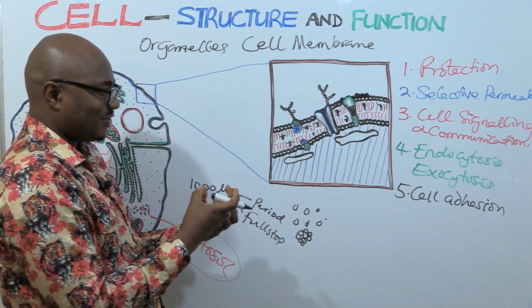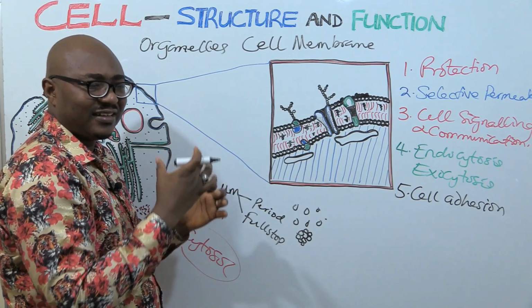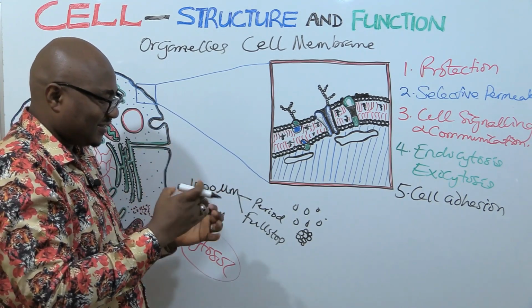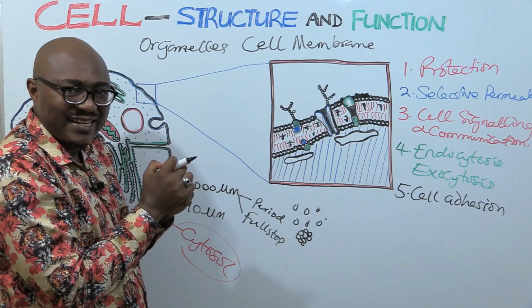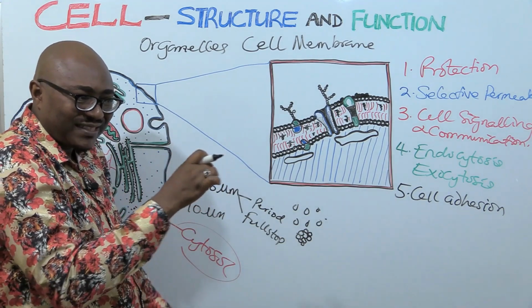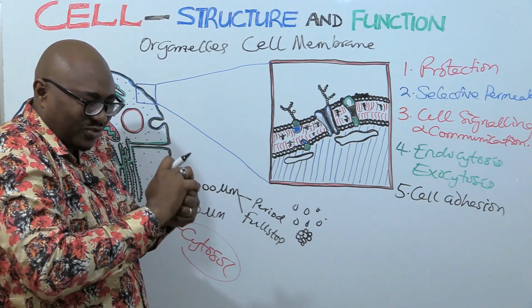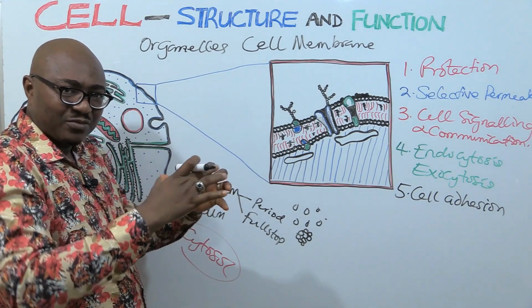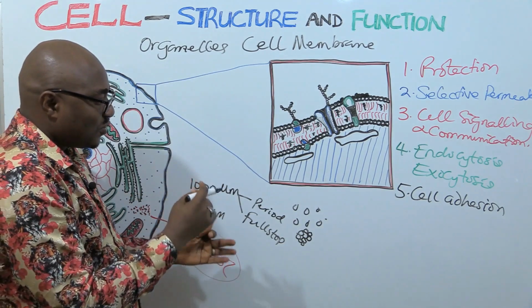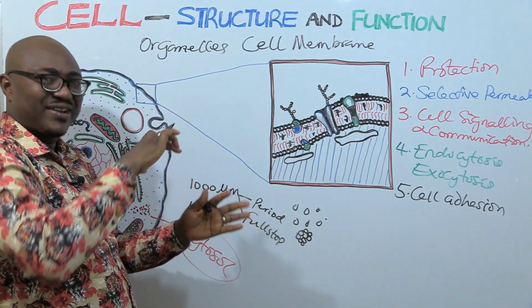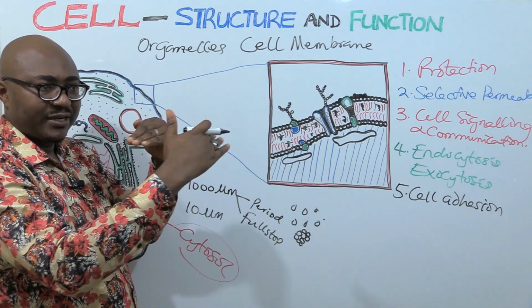Like you have the liver or the heart or the lungs made up of cells, but they are tightly packed together. It's just like grains of sand when you use it to form a block. They are joined together. This is cement that now joins them together. So when they need to join together, it's the cell membrane that does that joining.